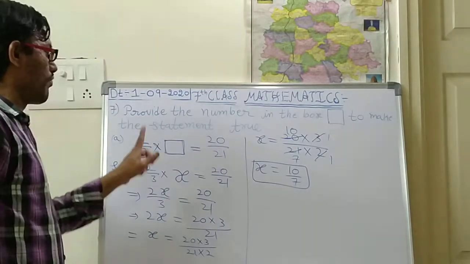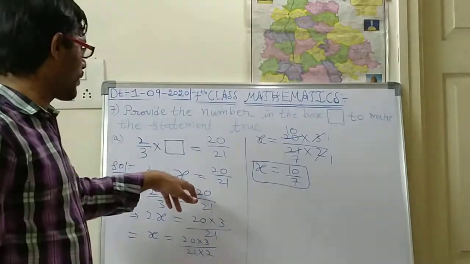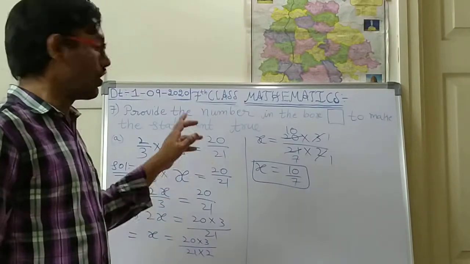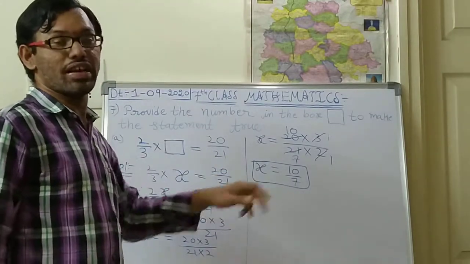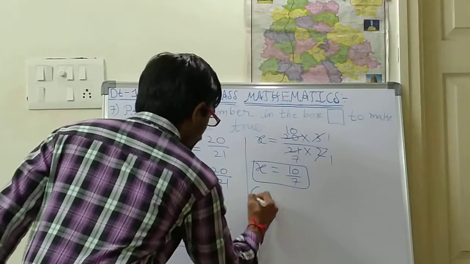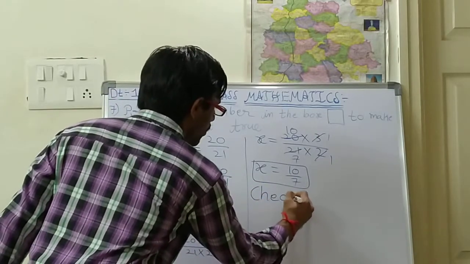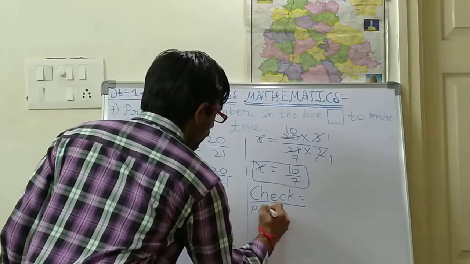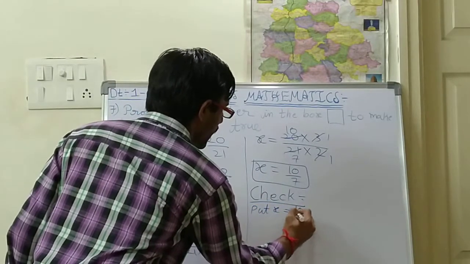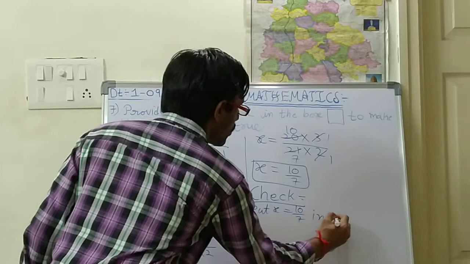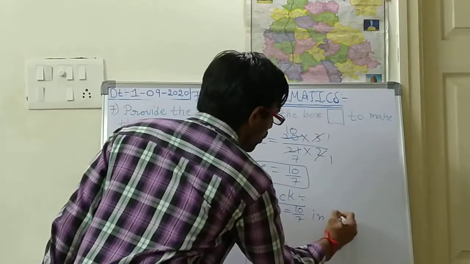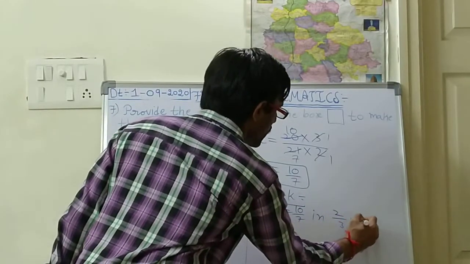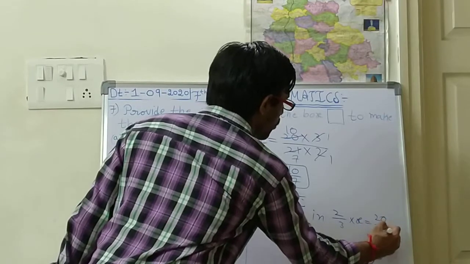Now for this type of problem, if you are finding x, you are supposed to write the check method. Check or verify. Check means put x equals 10 by 7 in 2 by 3 into x is equal to 20 by 21.